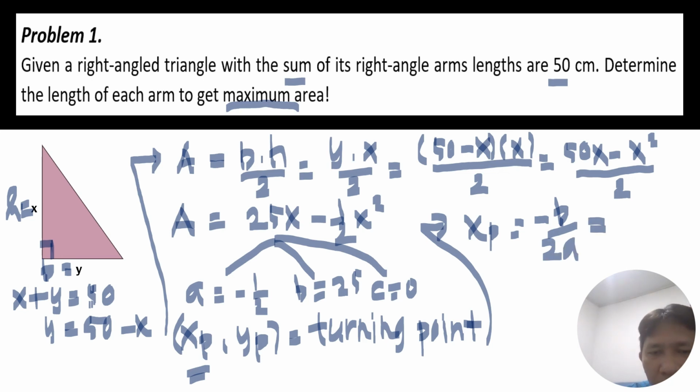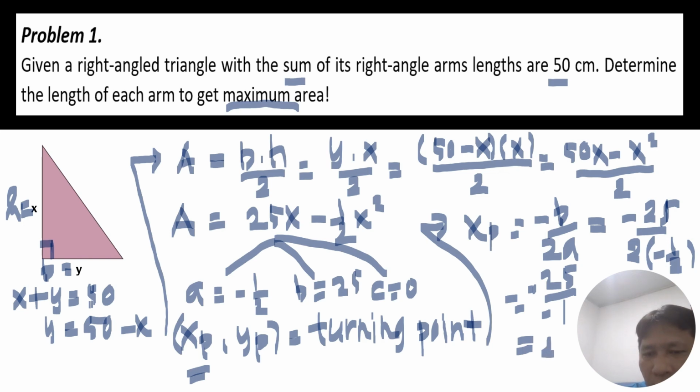We know that b equals 25, so this is minus 25 over 2 times minus half. So here we have minus 25 over minus 1. So the answer is 25. Because xp equals 25, then yp is also 25. So the length of each arm is, the base is 25 and the height also 25 to get maximum area.